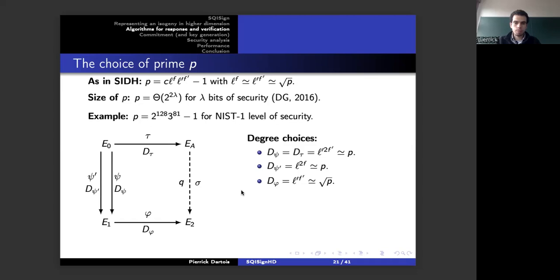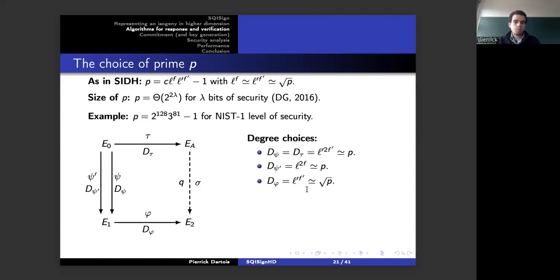And as well, all the isogenies of the secret key, the commitment and the challenge are powers of l', because we need them to be coprime with l to make the isogeny evaluation.